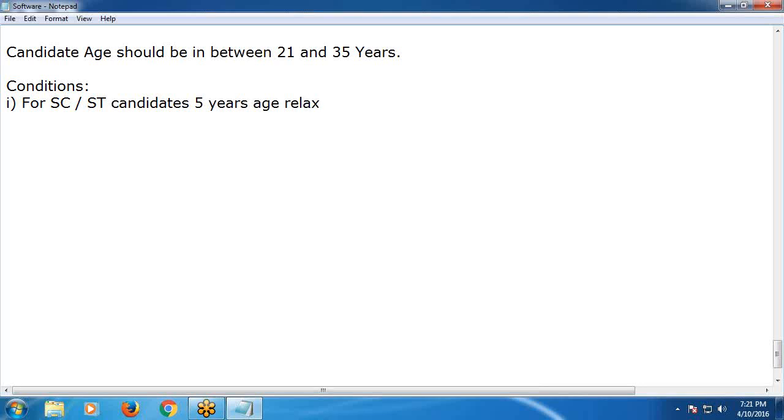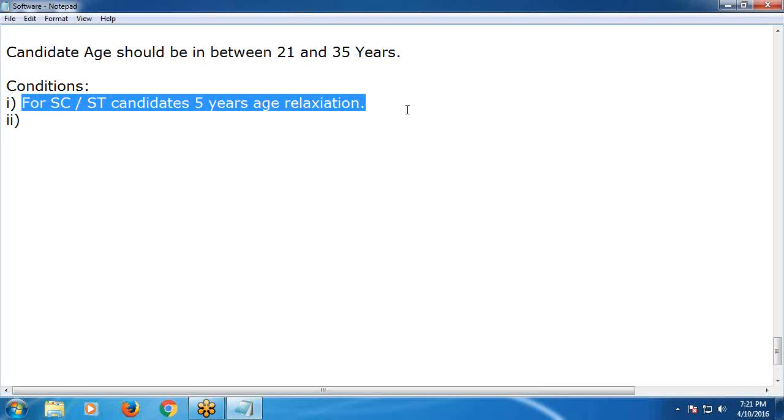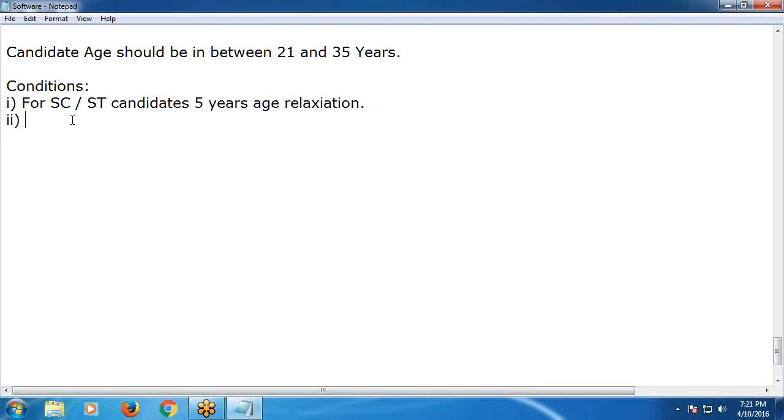This is one condition. Next, for BC, backward caste candidates, 3 years.